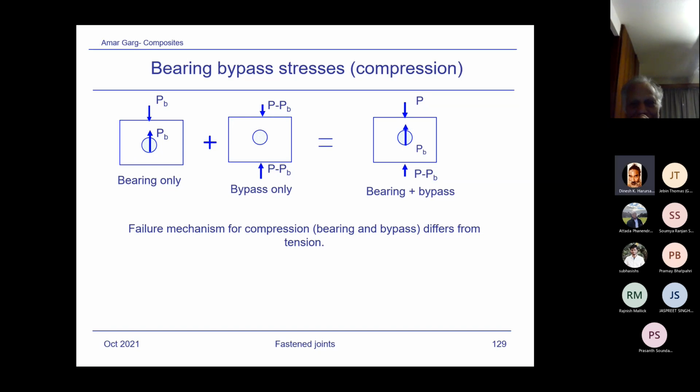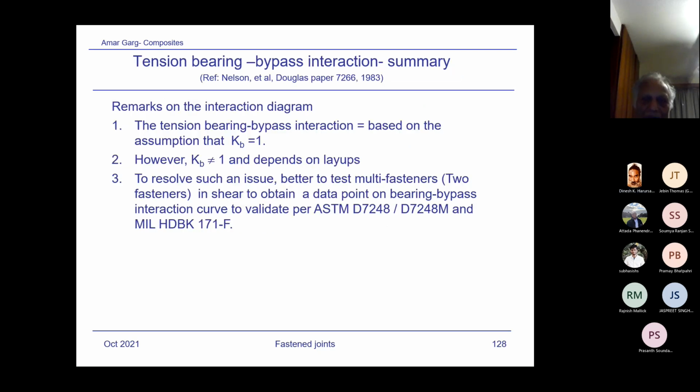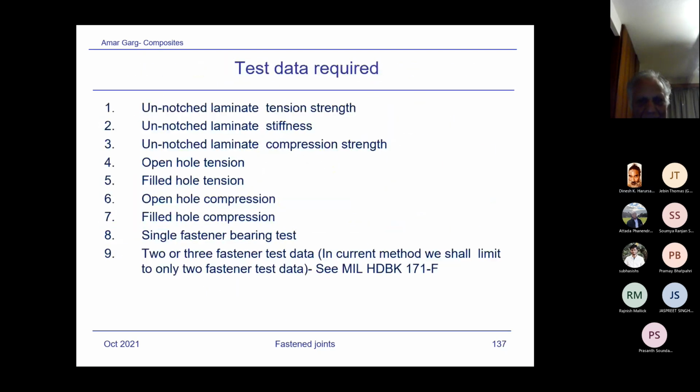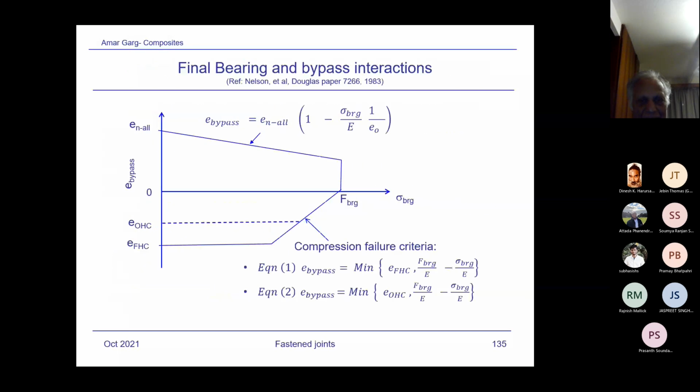Looks like nobody else has questions, Dr. Kar. Maybe you can continue. It seems maybe it's a bit difficult concept really, bearing and bypass interaction. I just want to know if it's difficult to understand because there's a lot of this.